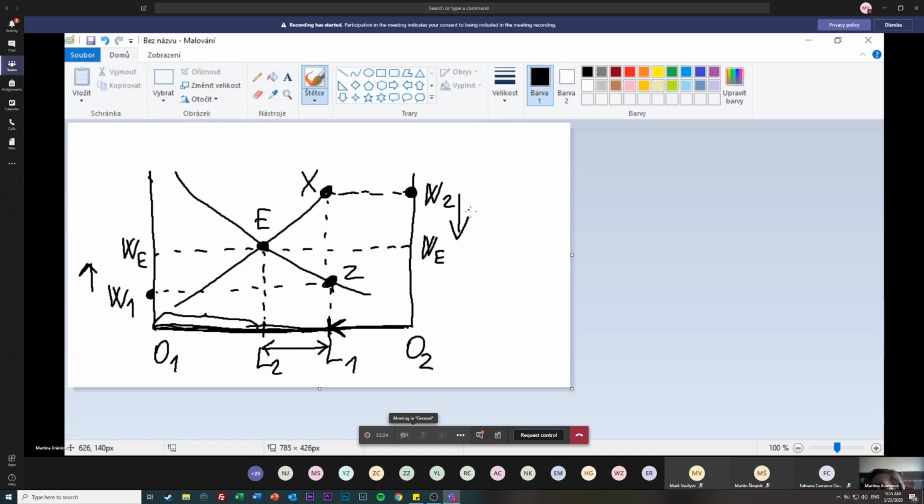The first country is at the point E. It has O1, L2 employees, and their wage is O1, WE.